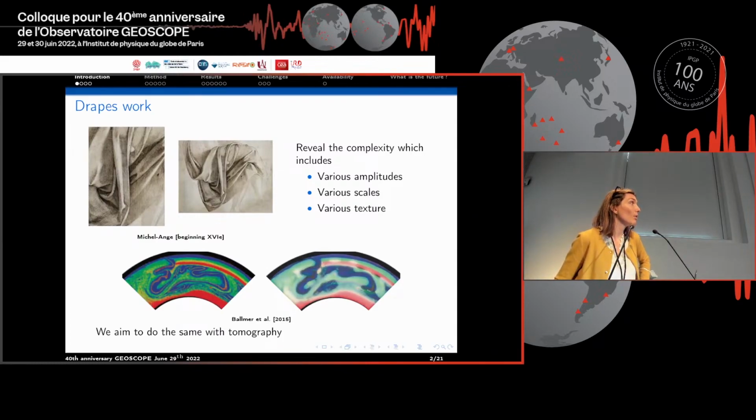So we know that the mantle is very complex from, for instance, thermochemical convection simulations. And so you have various scales, various kinds of heterogeneity, thermal and chemical, and we want to reveal this complexity using tomography and seismic waves.